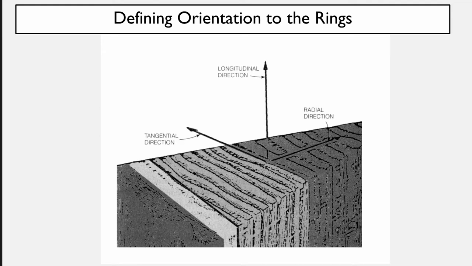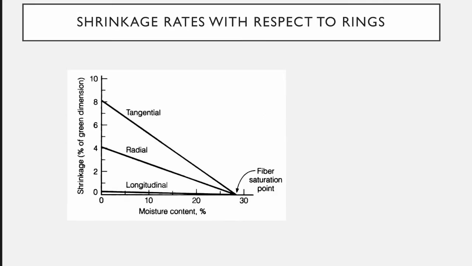Now, why does this matter? Well, let's talk about shrinkage. Shrinkage is defined with respect to the rings and whether or not we're tangential or radial. And in fact, here's a common chart that would tell us how much shrinkage to expect with respect to moisture content. And we can see that we expect more shrinkage along tangential.